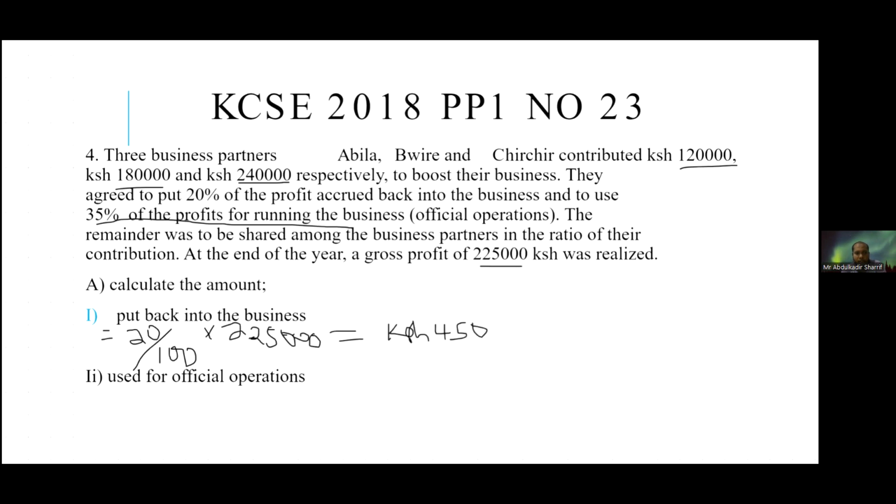For the other question, used for official operations. So 20% was put back into business and the 35% was used for official operations. So I'll take 35 out of 100 times the same amount, which is 225,000, because that's the profit.